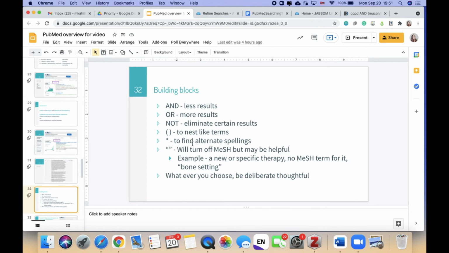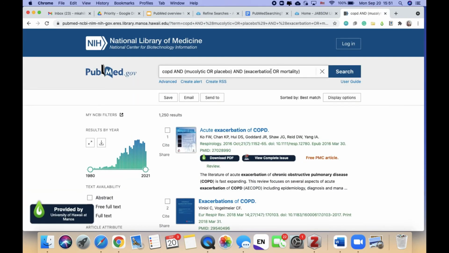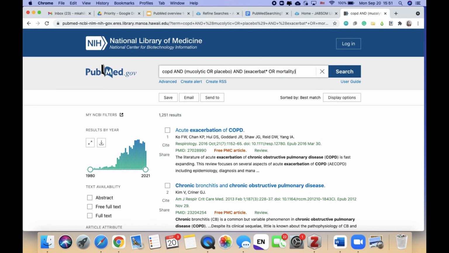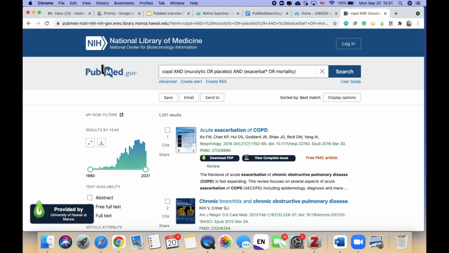An asterisk is used to find alternate spellings. So if I wanted to search for, let's see, we had all those different variations in exacerbation or exacerbating. I could put an asterisk there and it would search for all of those different variations in spelling. So PubMed on its own does a pretty good job of that.